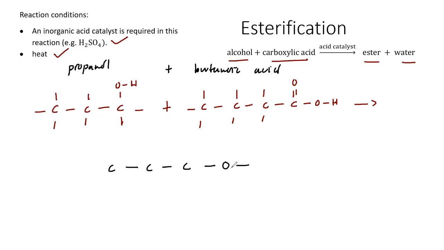Don't forget that. 3 carbons from where? From the alcohol. The bridge. After the bridge, how many carbons? Write the number of carbons from the carboxylic acid, butanoic acid. So how many carbons do I see from the carboxylic acid? 4. 1, 2, 3, 4. After the bridge, write them 1, 2, 3, 4.